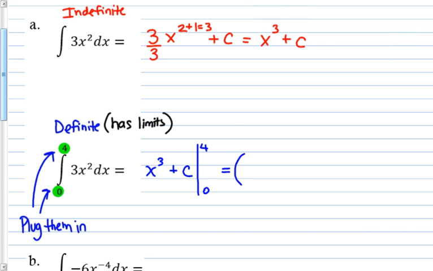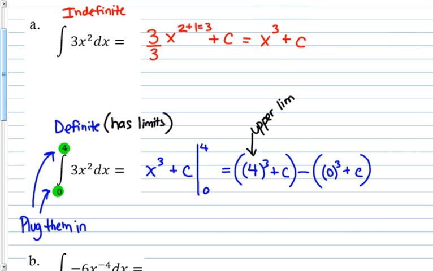So now we do one at a time. So we do x cubed, we do 4 cubed plus c minus 0 cubed plus c. Now notice, I put in the upper limit first. Upper limit first. That does not mean the biggest number first.